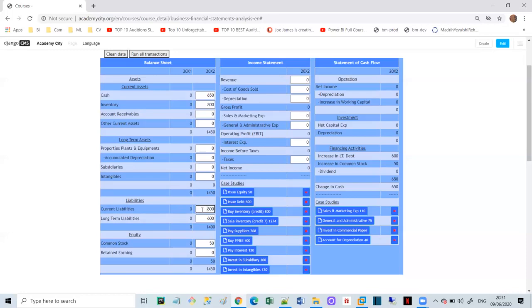So let's sum up the simple case so far. We raised money by way of issuing common stock. We took a loan from the bank and we bought some inventory by way of credit. So the credit allows me to get the inventory and the other money that we raised, it's in my bank account. How much assets does this company have now? 1450 million, okay? $1.450 billion, okay?